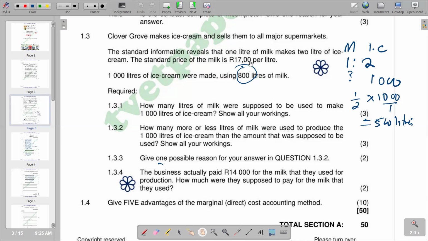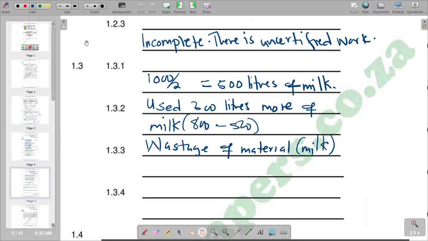So it's going to be 800 times 17 rand, and then you get your answer, which is 13,600 rands. So that's what we want on 1.3.4.